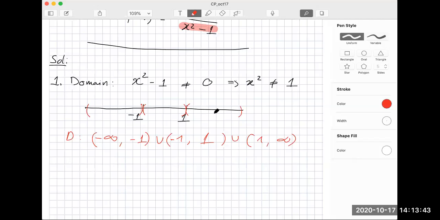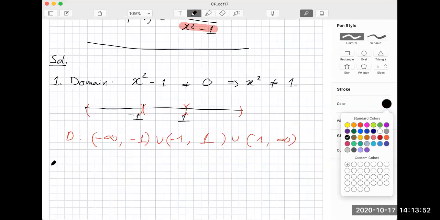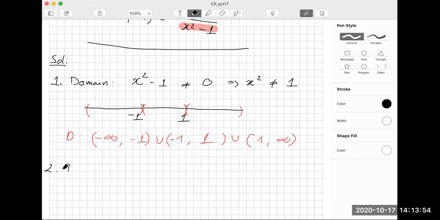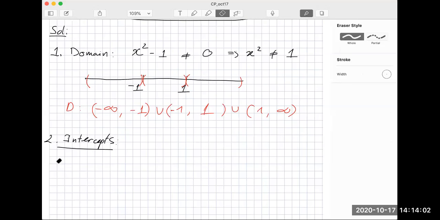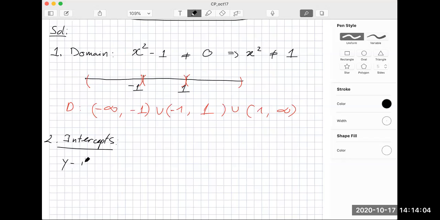So, what is the next step? The intercepts. Perfect. Let us find the y-intercept first because it's easy, right?